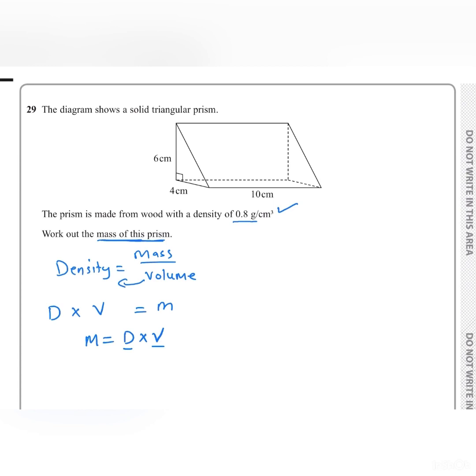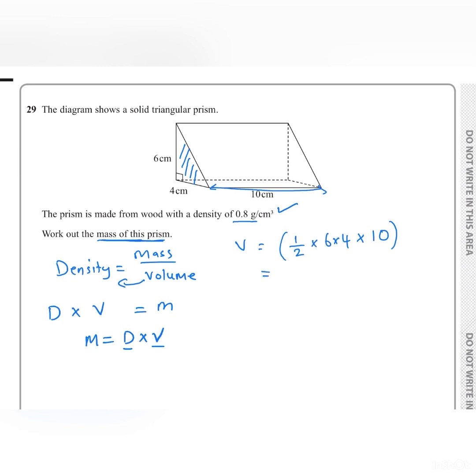So we can figure out the volume by finding the area of the cross section and multiplying by the length of this shape. The cross section is a triangle, so the area would be half times 6 times 4, and then times by how long the shape is, which is 10. So that would be the volume of this triangular prism.